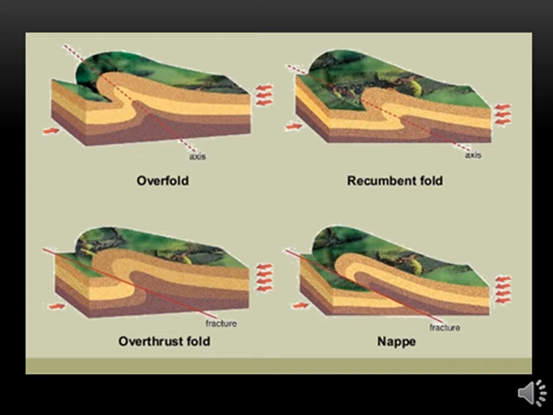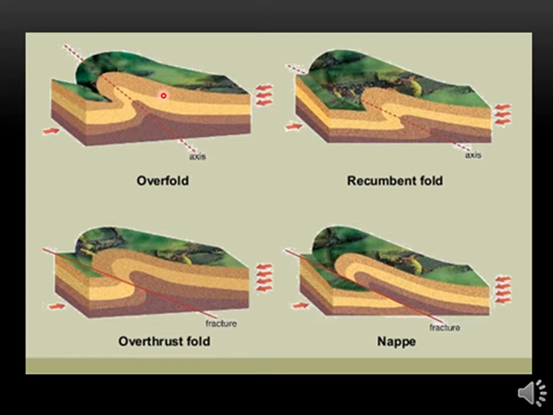Further uneven compression will cause one limb of the rock layer to be pushed over another. You can see here that one limb is pushed over the other to create an overfold.